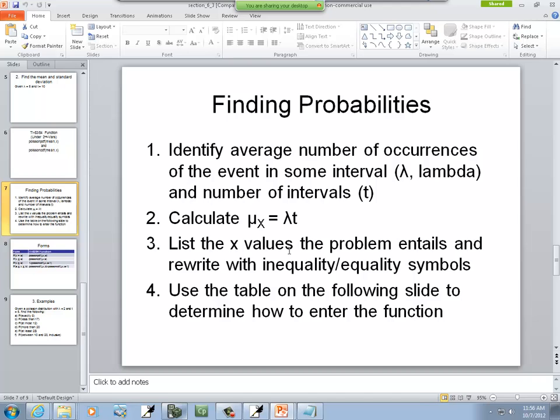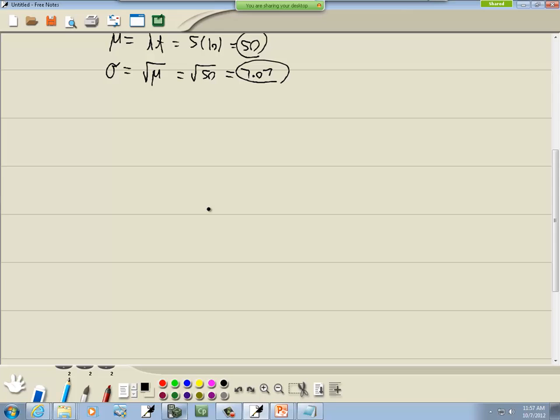Okay. Now let's talk more about lambda and t. When finding probabilities, step 1, identify the average number of occurrences of the event in some interval, lambda, and number of intervals, t. So let's look at some examples of that. Let's say that I can make 10 fat burgers per hour.